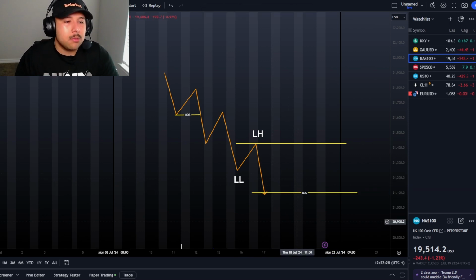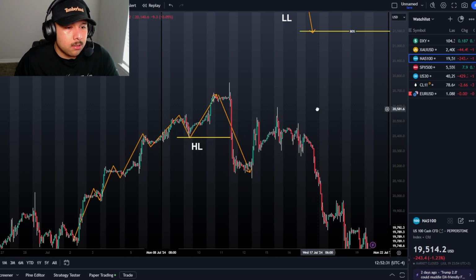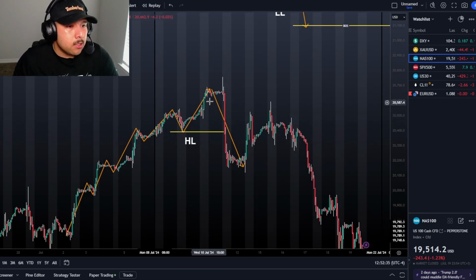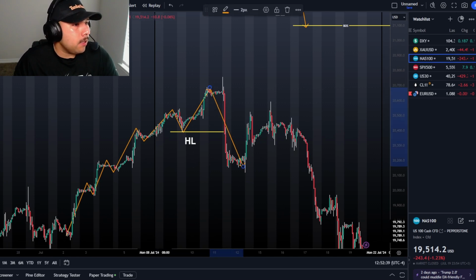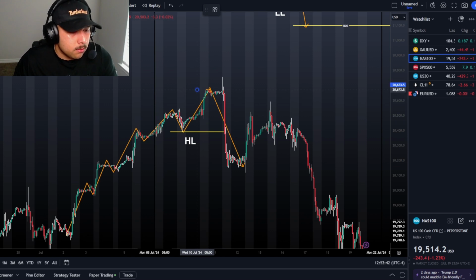So let me show you some examples. We're on yesterday's chart for NAS 100. Yesterday we were rallying up, and like I said, anything in this area here is going to be market structure.